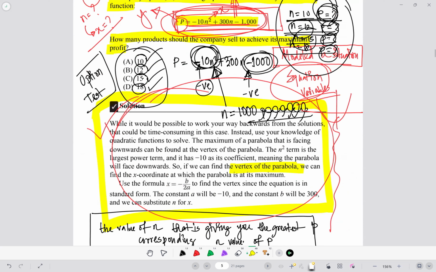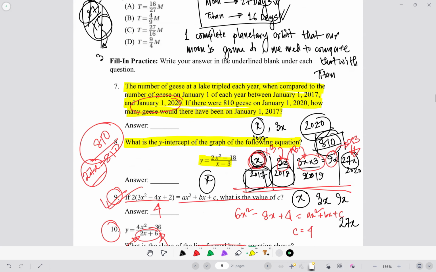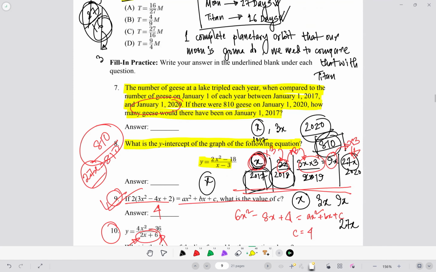Now try to understand what they are asking. Problem number 8: what is the y-intercept of the graph of the following equation? The y-intercept would be those points where x is equal to 0, right?